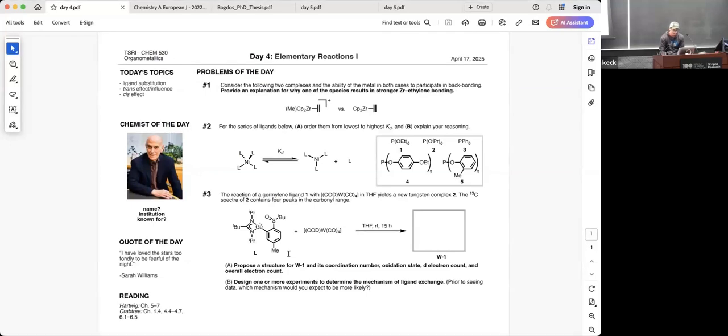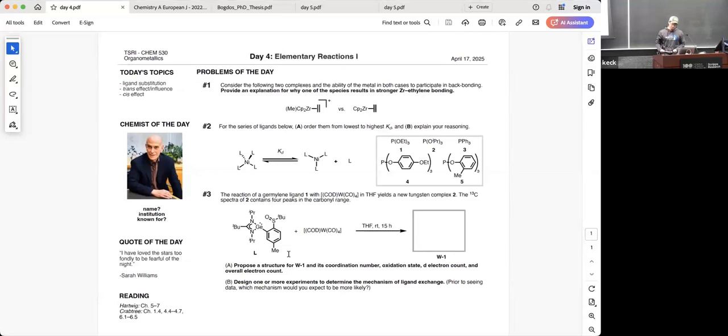The hint here is that the C13 spectrum of 2 contains 4 inequivalent peaks in the carbonyl range. So take a minute to propose a plausible structure for W1, and I think it's fair to say there might be more than one right answer here.